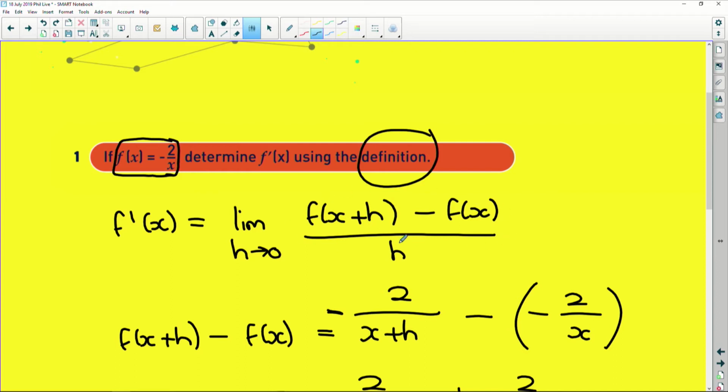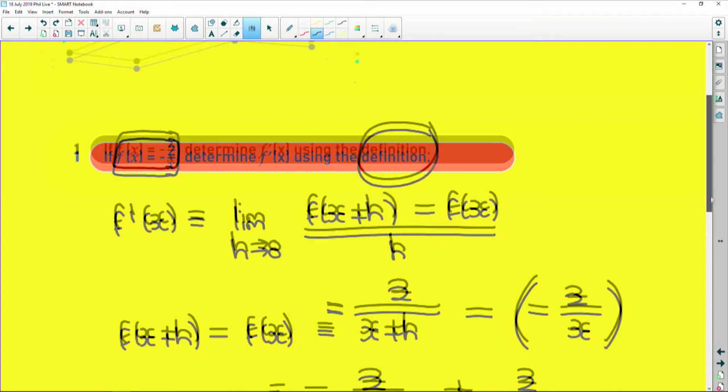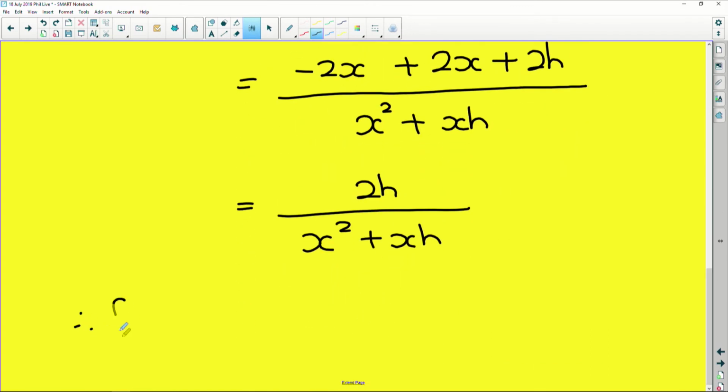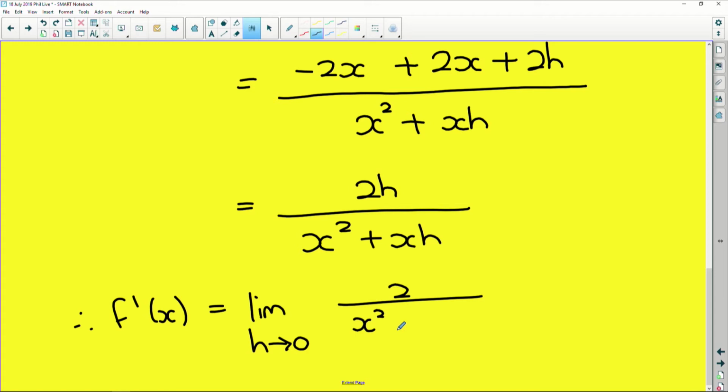So now we can simply put that into the numerator. So therefore, f prime of x is equal to, we still need to take the limit as h tends to 0. So we're going to have this in the numerator, 2h over x squared plus xh, and remember, all over h.